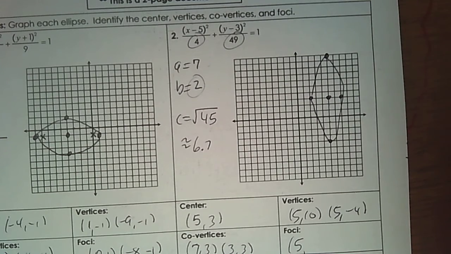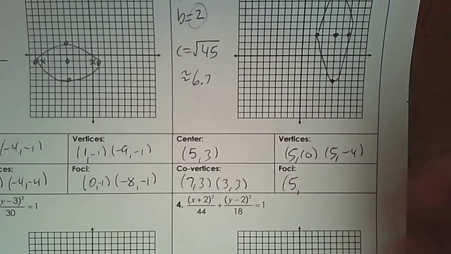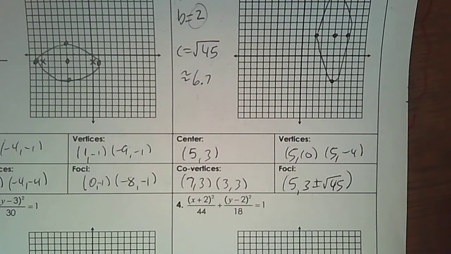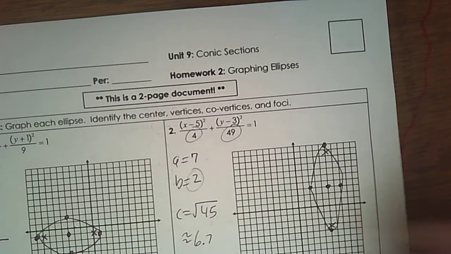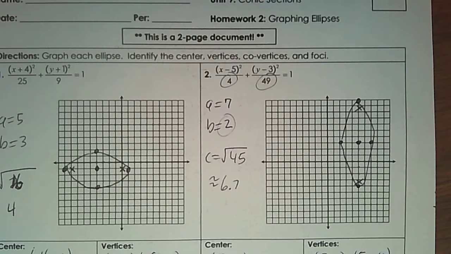We're going to estimate it. So for here, we'll give the exact answer, which is 3 plus or minus the square root of 45. When I go to my graph, I'm going to count like 6 and almost 7, and put an x there, and then put another down there, and you have the foci that go with it.